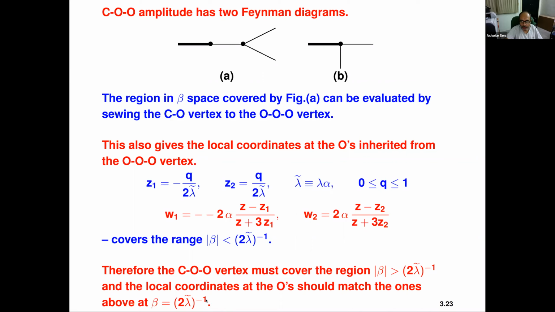And whatever local coordinates you choose for the O's for this, they have to match the ones given here, the local coordinates at the boundary between the two regions. At beta equal to 2 lambda tilde, you are approaching Q going to 1 from this side, and that corresponds to beta going to 1 over 2 lambda tilde from this side. So local coordinates better match. Is this procedure clear?